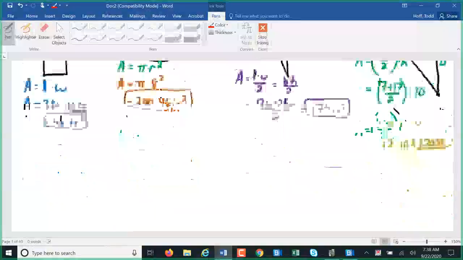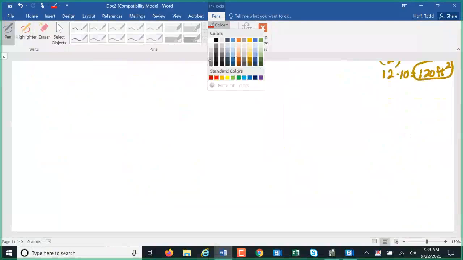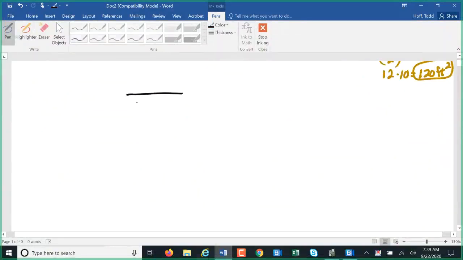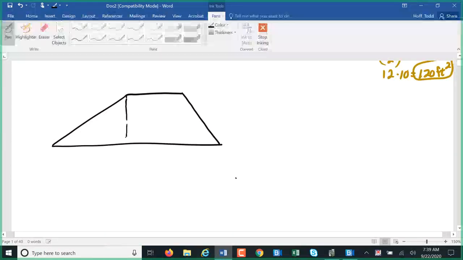A trapezoid, actually, I'm glad you brought that up, because a trapezoid can, if you know the dimensions, be broken down into triangles and rectangles if necessary. Let's say that if this is 8 inches here going up, and we'll call this piece here 6 inches.